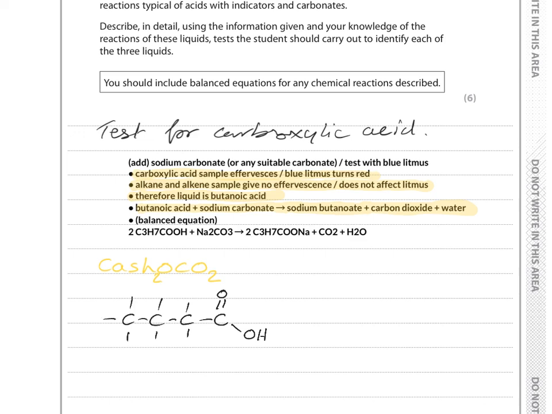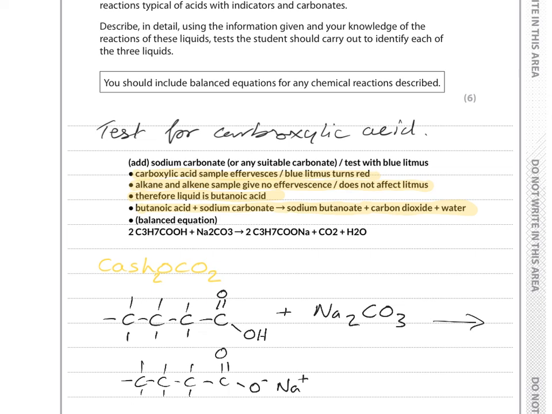Now it reacts with carbonate, Na2CO3, sodium carbonate. What's going to happen is the hydrogen on the acid is going to be removed and replaced by sodium, and that's my sodium butanoate. So it goes to give my sodium butanoate, which is just the salt of the acid, C double bond O, O minus Na plus. That's my salt that is formed.